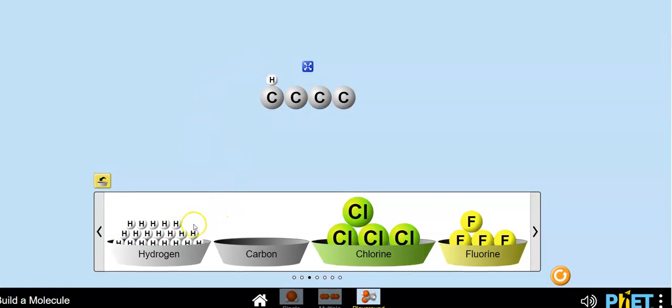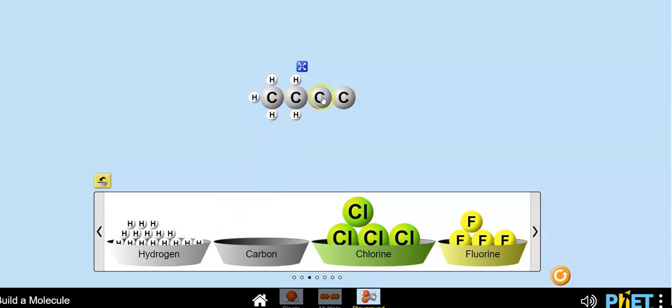So we'll stick a hydrogen. We'll just use hydrogens for now. And there we go. This carbon here, carbon number 2, is bonded in 1 place, 2 places, but it's not bonded in the top and it's not bonded at the bottom. So we'll stick a hydrogen there and a hydrogen there. Remember, each carbon can have 4 things stuck to it.